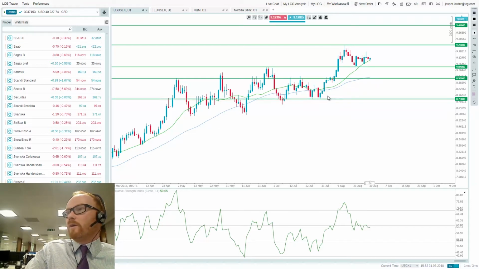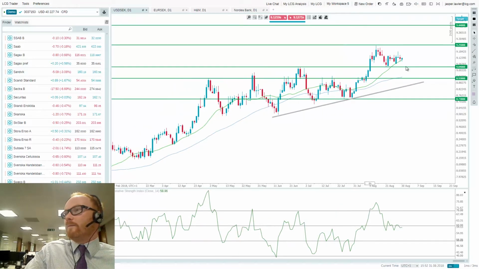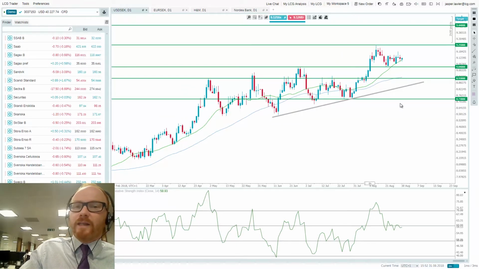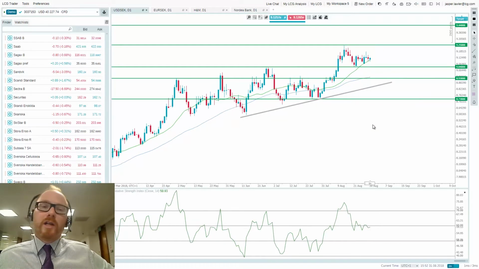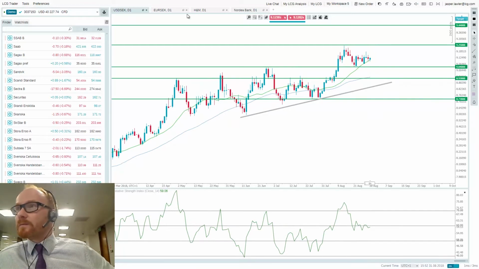So again, still in the context of an uptrend, if we were to draw a trend line, we can still see that it would come in somewhere within this zone. But obviously if we see 873 break to the downside, that would be a good sign that actually we're no longer in an uptrending environment and we want to be looking on the other side of the market.